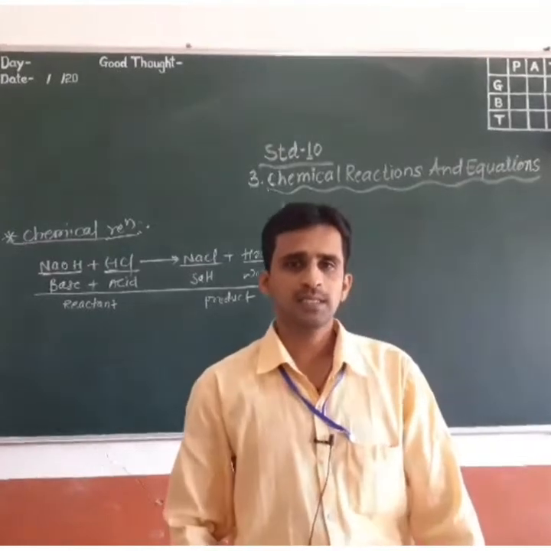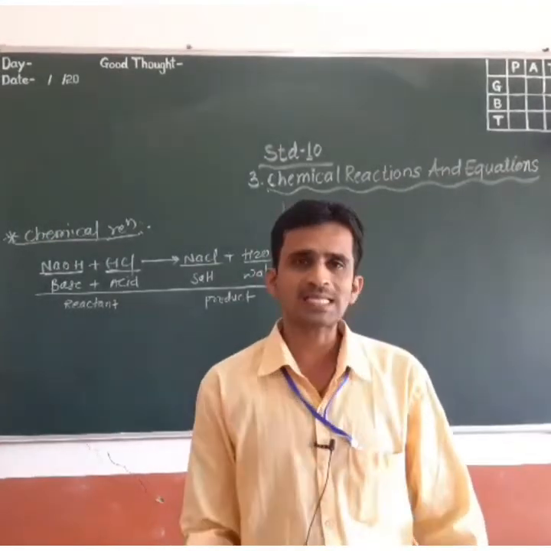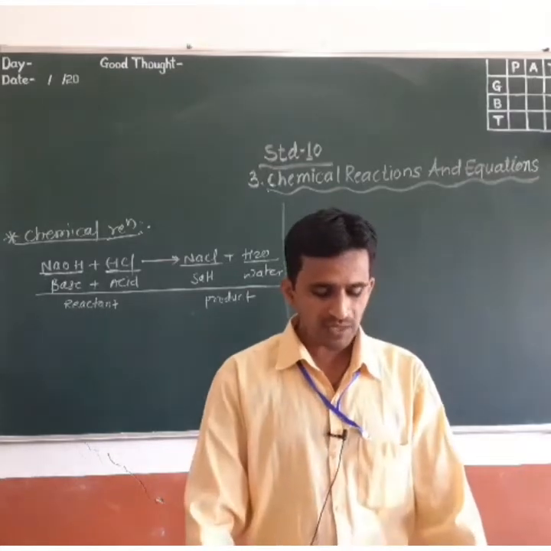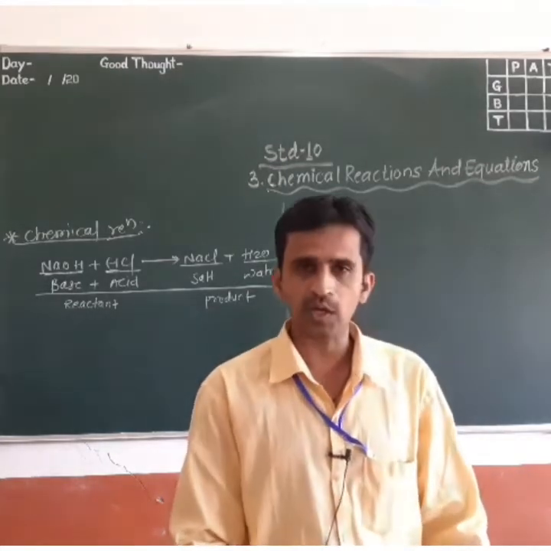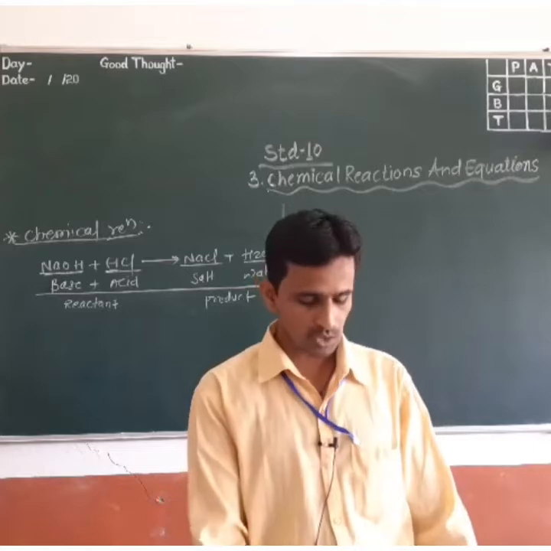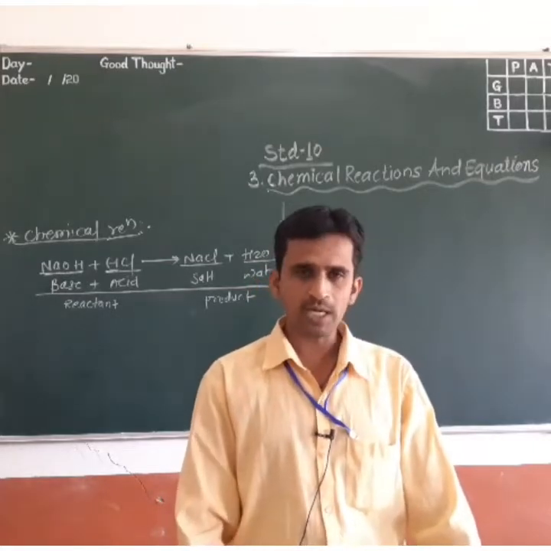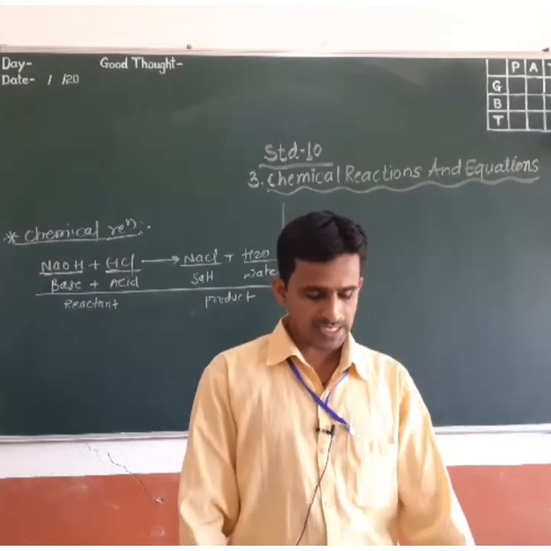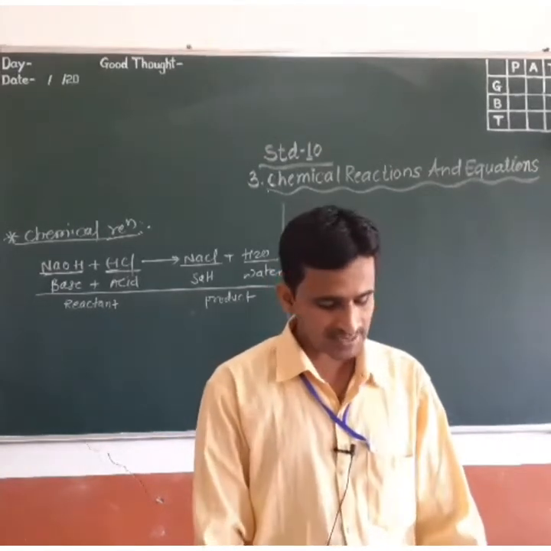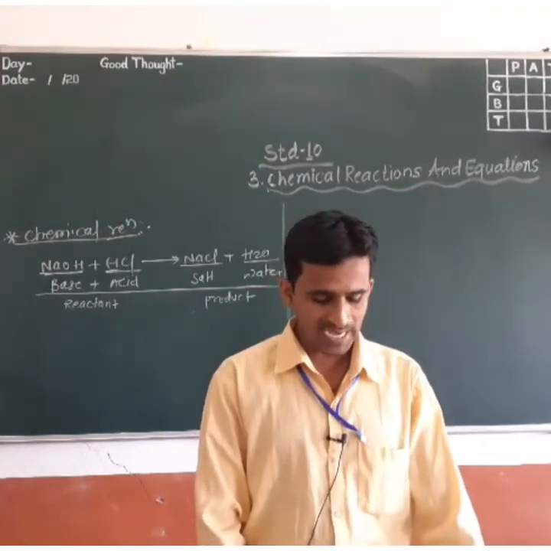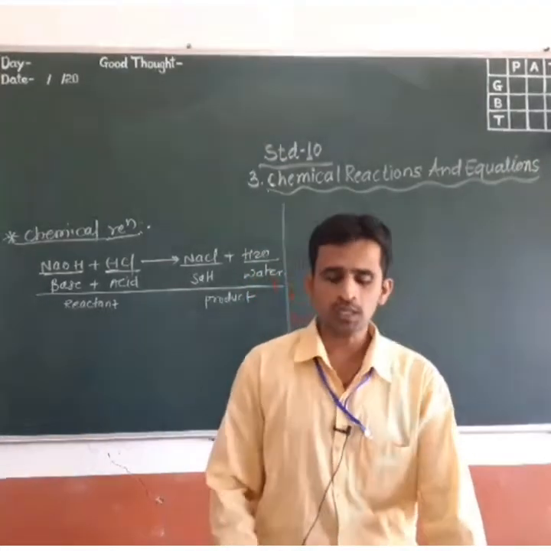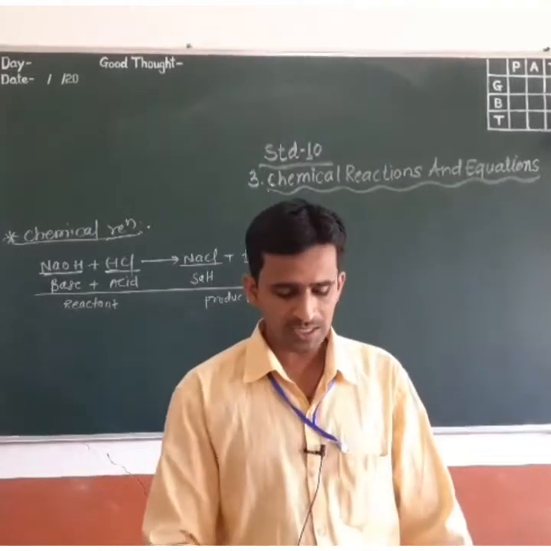Water converts into ice and ice converts into water is a physical change. During a physical change, new substances are not formed. For example, evaporation of water, sublimation of camphor, condensation of steam, melting of ice, melting of wax and transformation of ice into water.